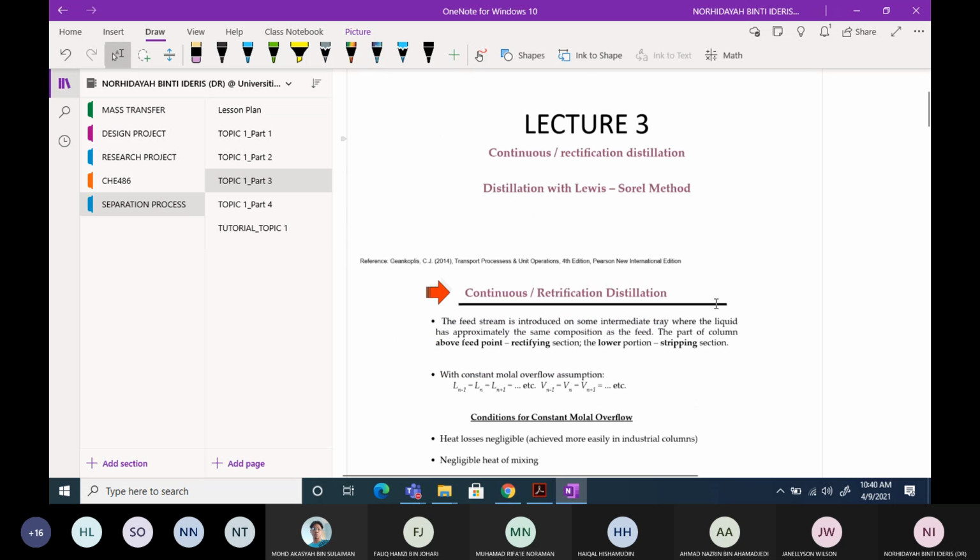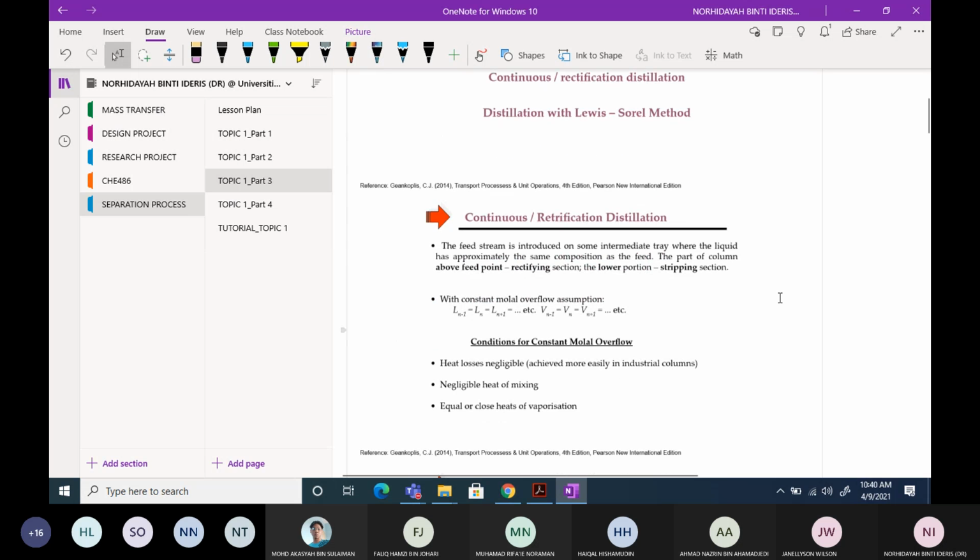Now, for this method, it is stated here that the feed stream is introduced on some intermediate tray. Before that, you know the distillation column, same as in Metcalfe.